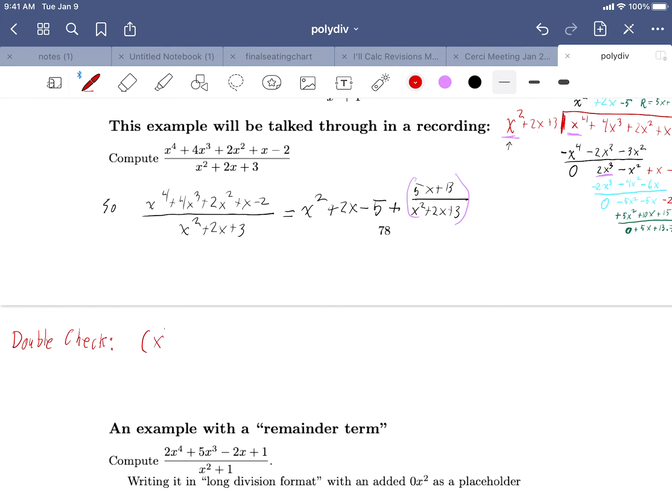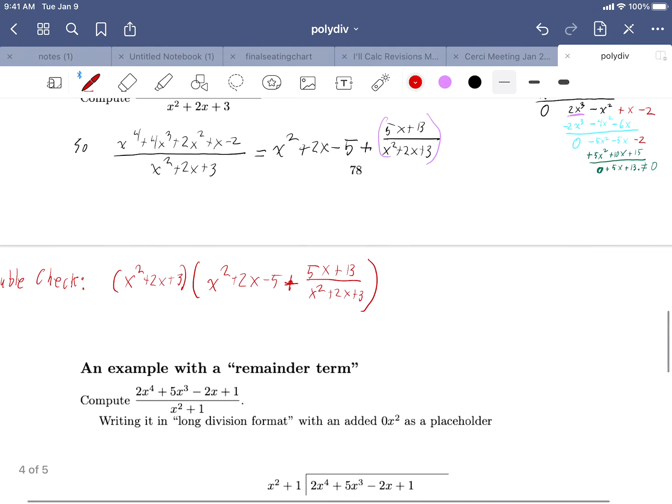So I need to multiply x squared plus 2x plus 3 by x squared plus 2x minus 5, plus 5x plus 13 all over x squared plus 2x plus 3.